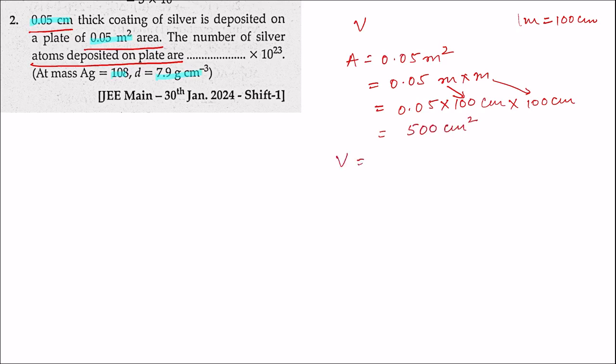So volume will be equal to area into thickness. Thickness is given as 0.05.